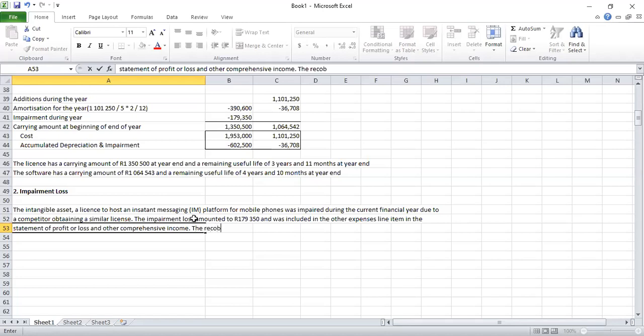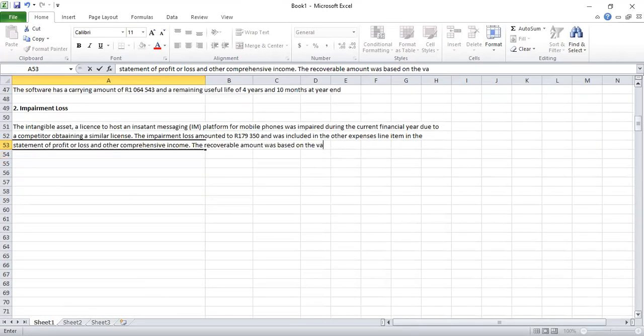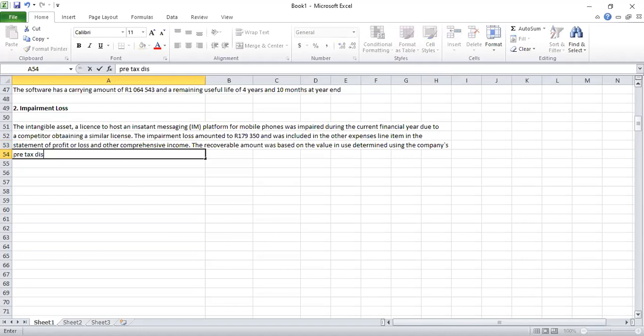The recoverable amount was based on the, we check what did we use here, value in use, determined using the company's pre-tax discount rate of, we're given 9.5%.